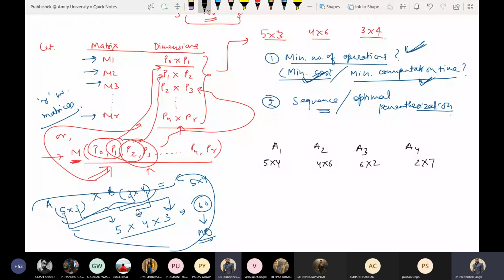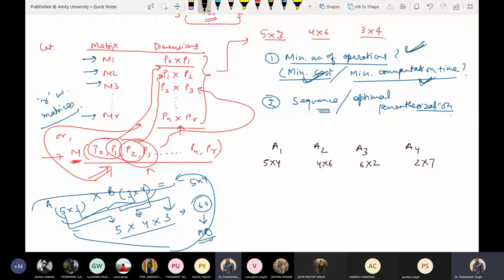Now they are asking you, what is the sequence? I'm explaining the second part, which is the sequence or optimal parenthesization. They will ask how you are going to multiply these 4 matrices, or you have to explain the sequence of matrix multiplication.